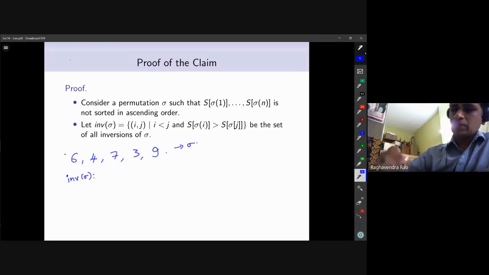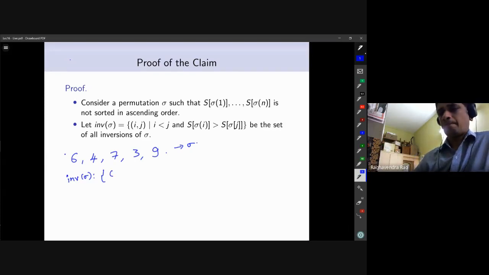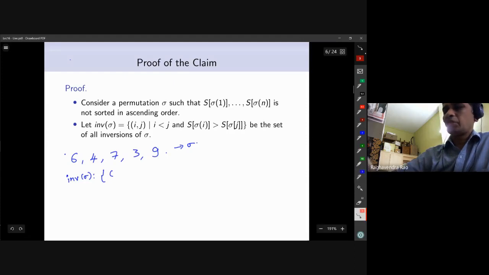Now, what are the inversions? Can somebody help me? All i, j such that i is less than j, but the corresponding positions in the array violate the sorted order property. So let's take index by index. 1, 2.